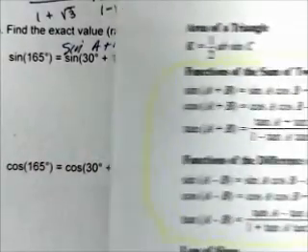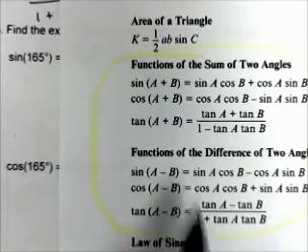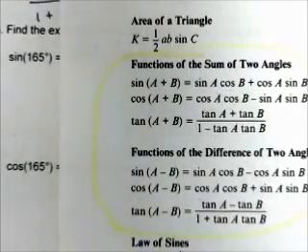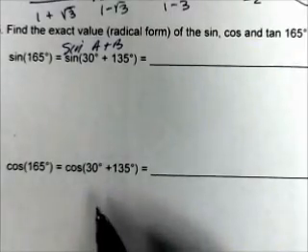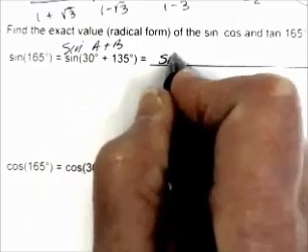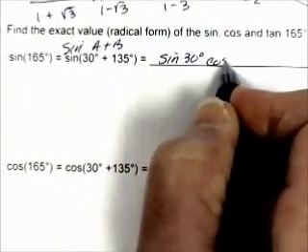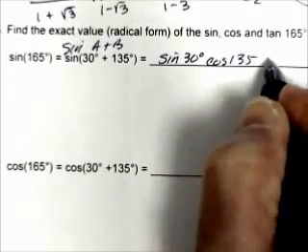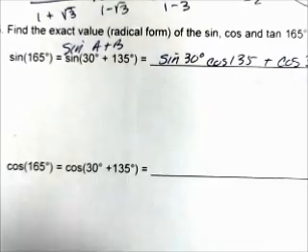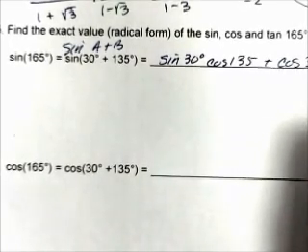Going to the reference sheet, the sine of a plus b is sine a times cosine b plus cosine a sine b. So the sine of a, sine 30, times the cosine of 135, plus the cosine of a, cosine 30, times the sine of 135.